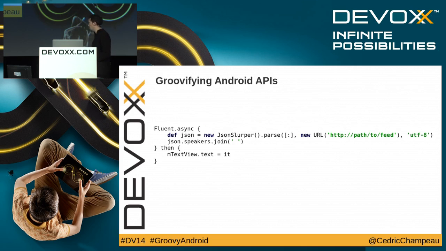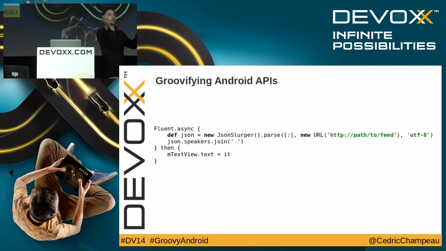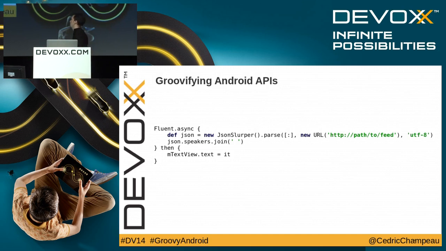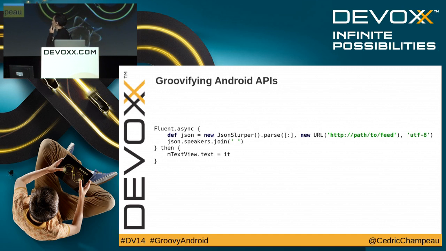So imagine that I just want to parse some JSON feed remotely, so it is a network operation, and then when I have grabbed all that, I want to update the text field. So in Groovy, I can write that kind of API.